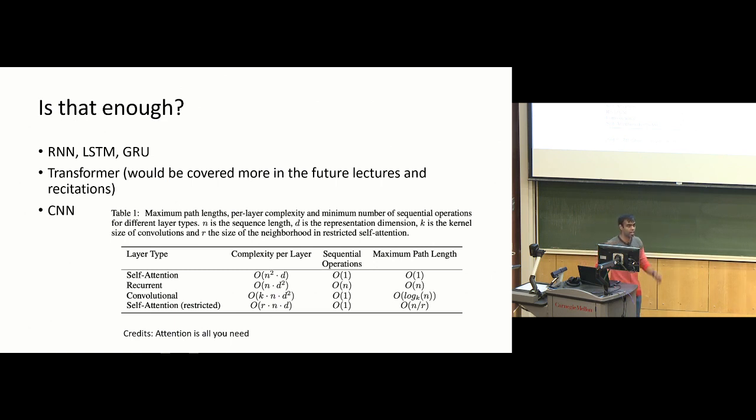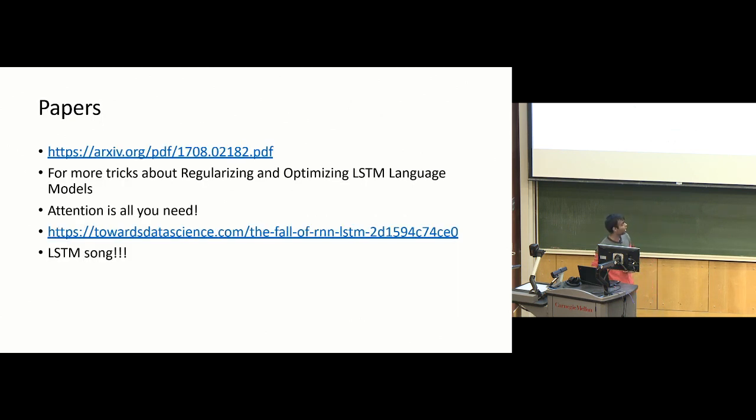There are also concepts that can be attached to RNNs, for example attention and transformers. All of these we'll be going over in future lectures and recitations. Please do read through this paper, Regularizing and Optimizing LSTM Language Models.